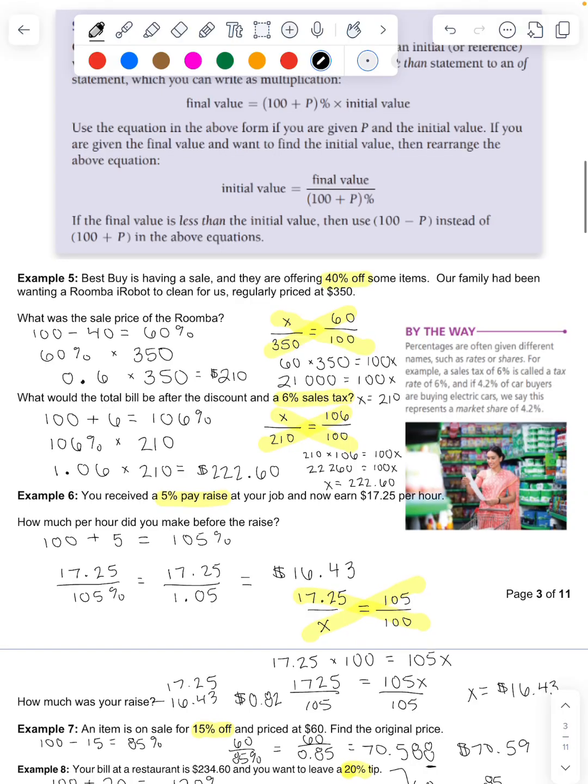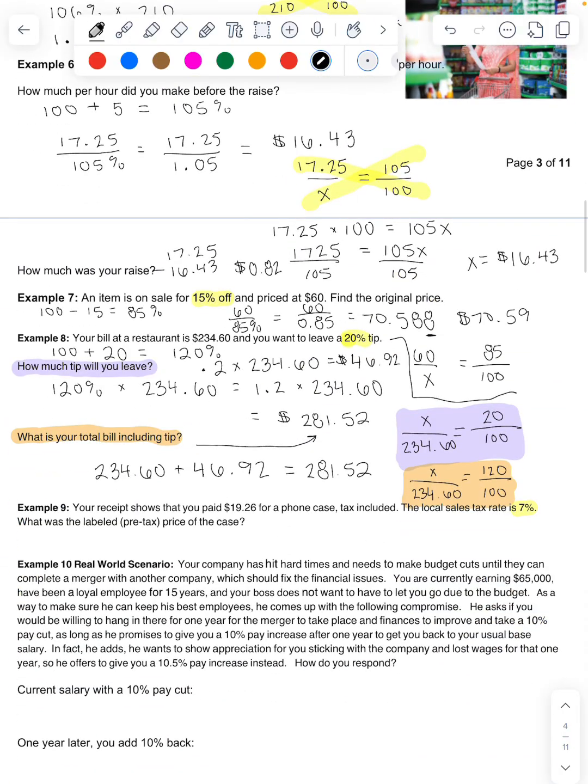So to find my initial value, I'm going to take, so 100 plus 7 is 107%, I'm going to take the 19.26, divide by 107%, which is 1.07. And I get that my pre-tax price was $18.